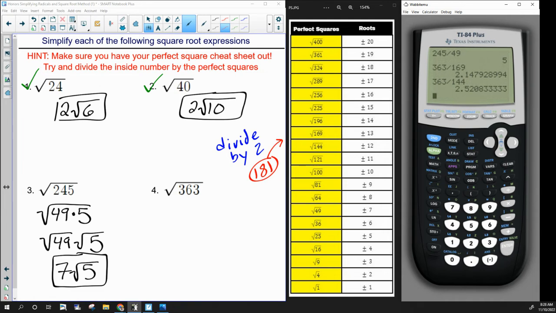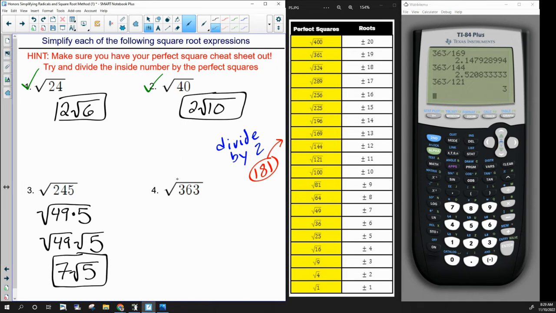Still a no-go. This is the part that, I know it stinks, but we just have to keep going. 363 divided by 121. And boom, we get a whole number. So that is the largest perfect square I can split 363 into.